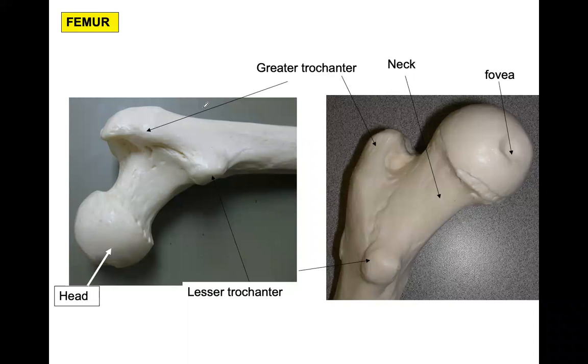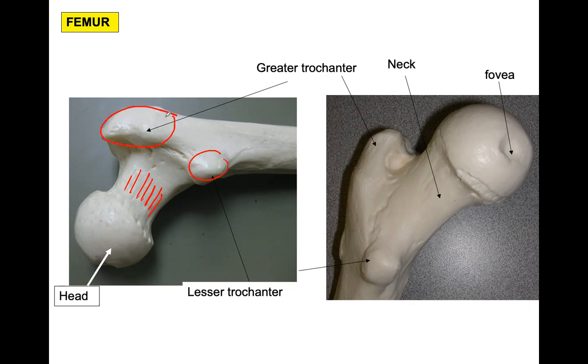Now moving to the femur. As I showed you, the femur head is going to fit into a space called the acetabulum. So here is the head of our femur. The area underneath that is the neck. Like your humerus, you have two little bumps, one small, one big.